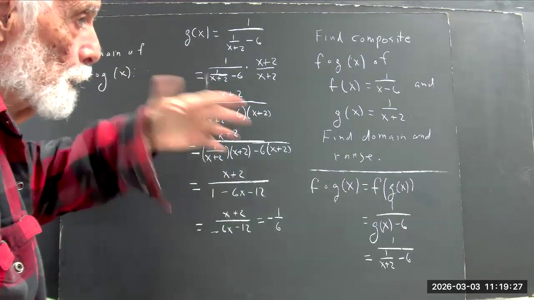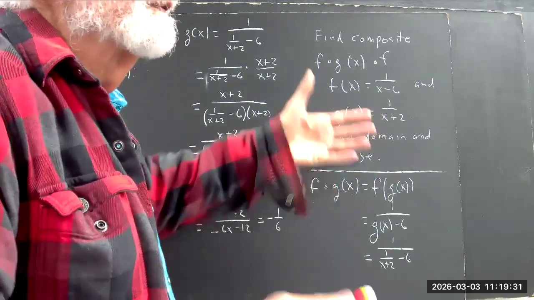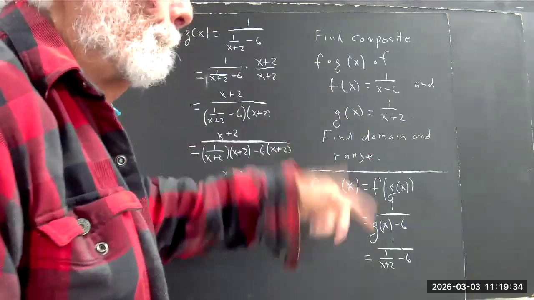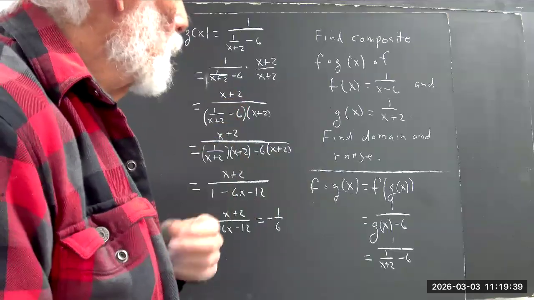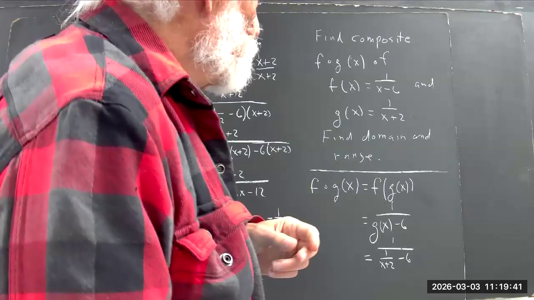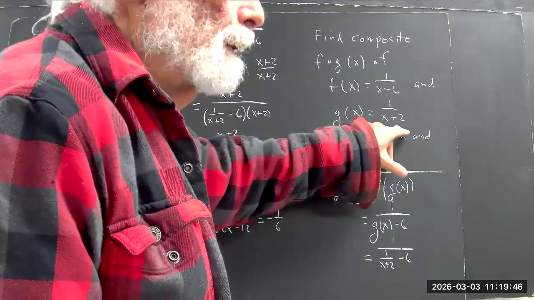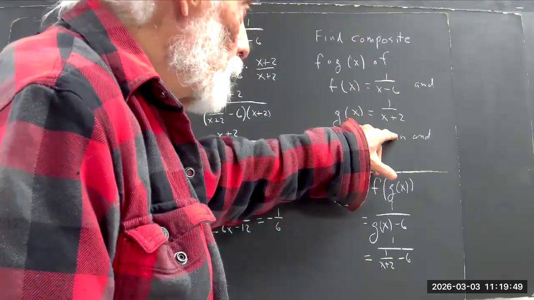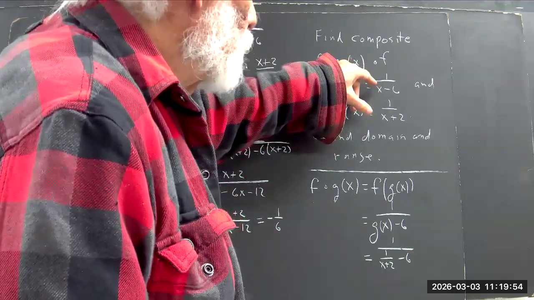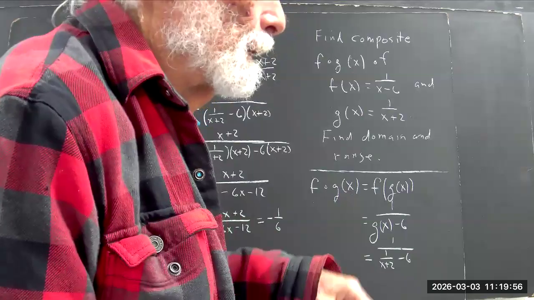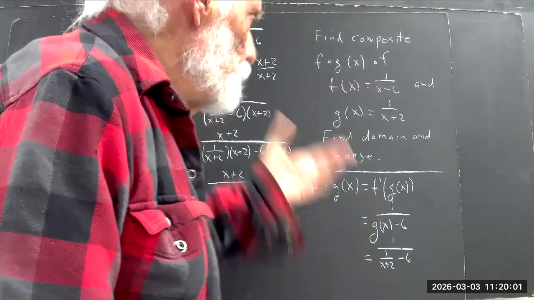So that means that if I give you a number, you're going to plug it into g of x, like if x is 3, then x plus 2 would be 5. So g of x would be 1/5. Then you'd plug that into f, so you'd have 1 divided by 1/5 minus 6. Okay, and you can calculate that. It's not too difficult.